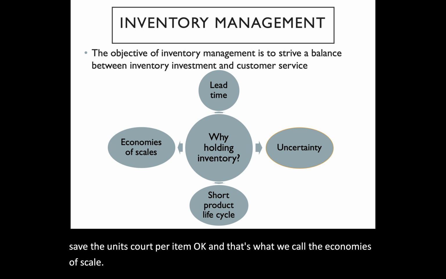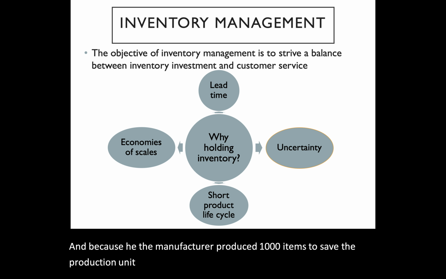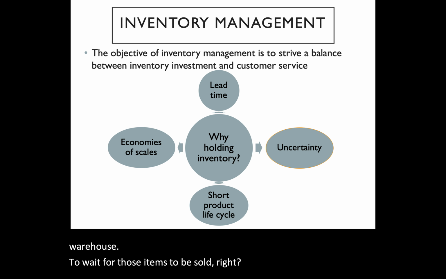And because the manufacturer produced 1,000 items to save the production unit cost, he needs to keep those 1,000 items that he just manufactured in the warehouse to wait for those items to be sold, right?